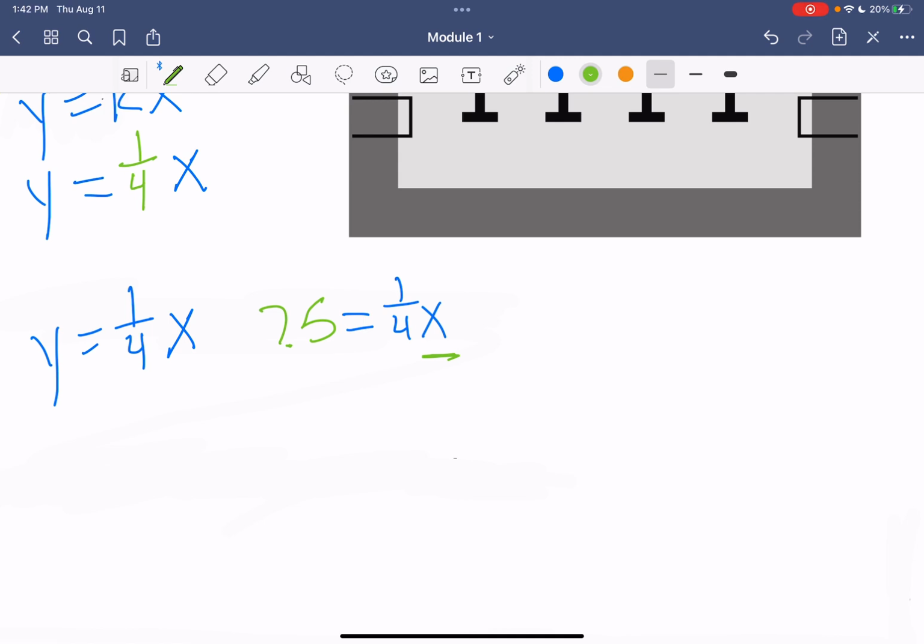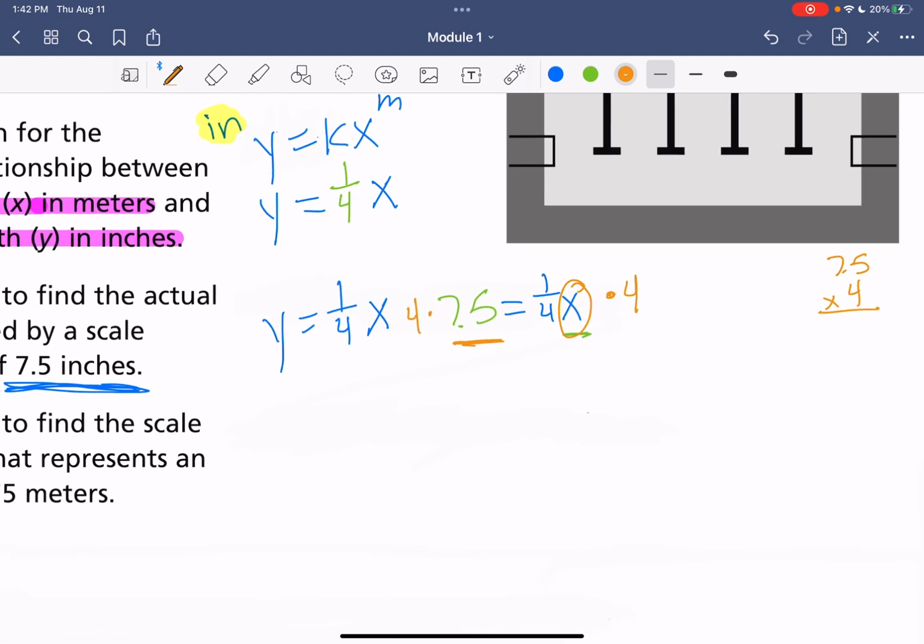So if it's a big number divided by 4, what we can do is try and multiply both sides by 4, and that will give us this value of x, because this x should be a pretty big number, because it needs to be divided by 4 to equal our 7.5. So on the side of your paper, let's do a little multiplying. Give you a minute to do that. Don't forget that decimal. So 7.5 times 4.